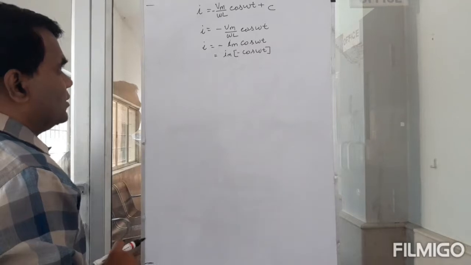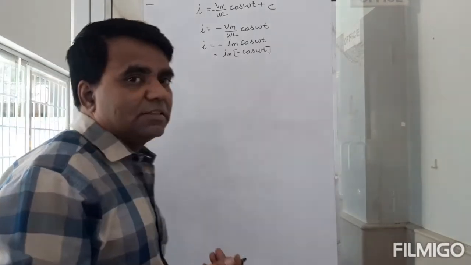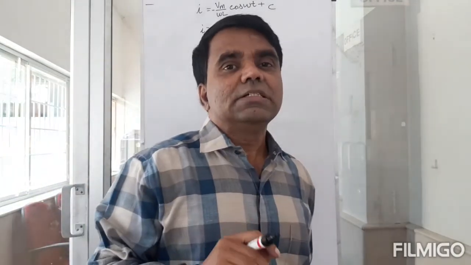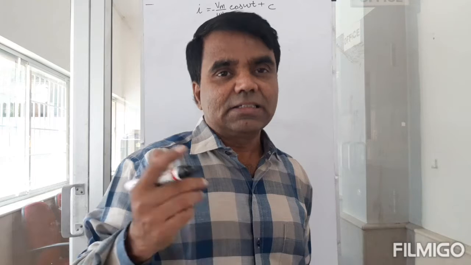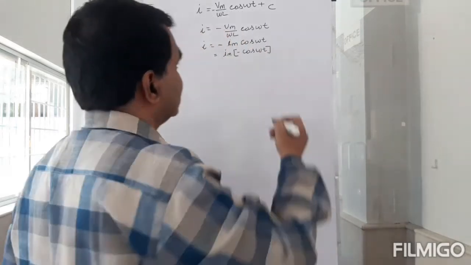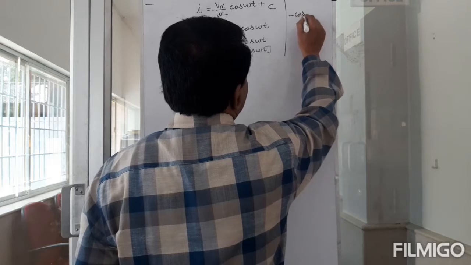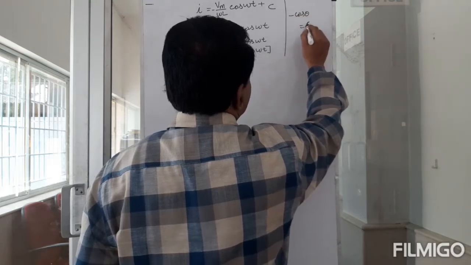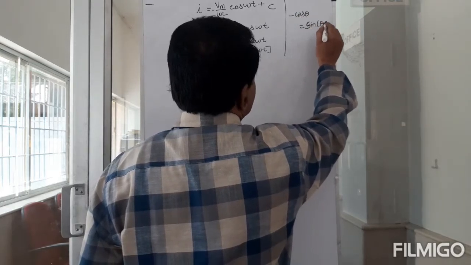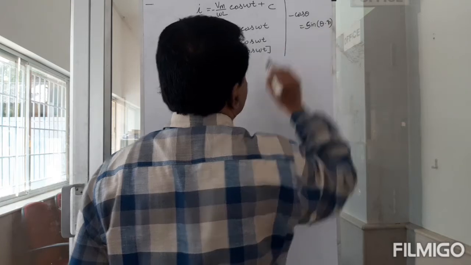I want to handle it. So what is minus cos theta? It will be sin of theta minus 90 degrees. So you have the trigonometric identity: minus cos theta is equal to sin of theta minus 90.